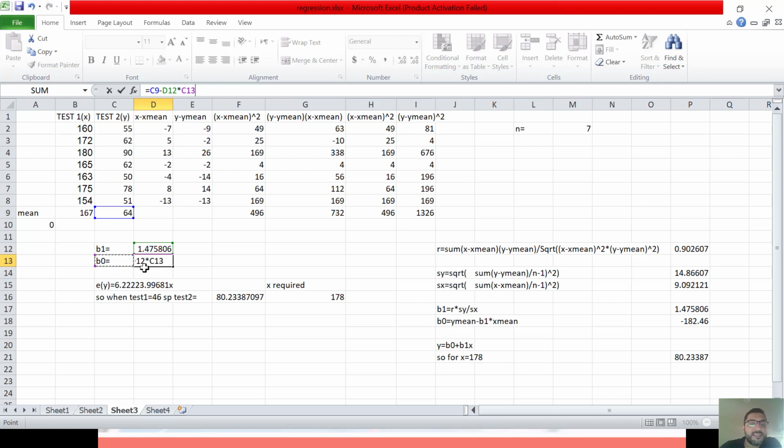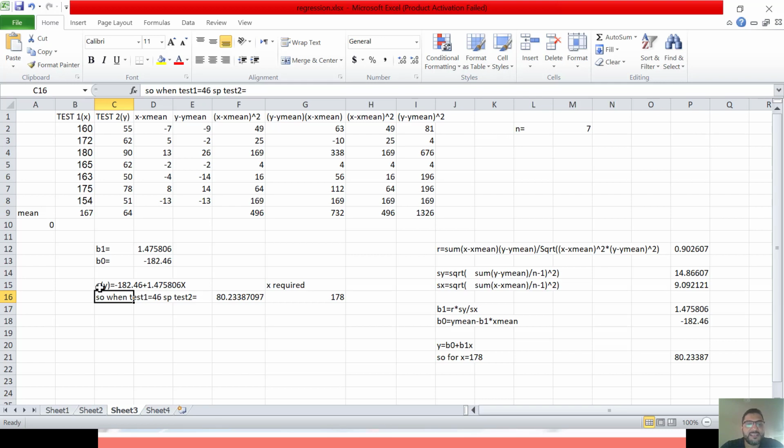So after doing that, I'm going to substitute in my equation. This is wrong, this was for a different equation. So my equation is going to be minus 182.46 plus 1.475806 multiplied by x.